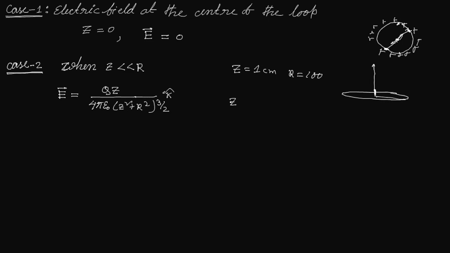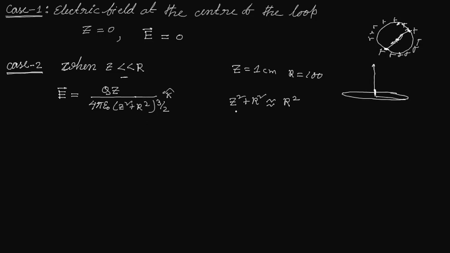We can write Z square plus R square nearly equals R square, because the square of R gives 10 to the power 4, and Z square will be simply 1. If you write 10,000 and 10,001, they are almost similar. So approximately, in this limit, Z square plus R square equals R square.